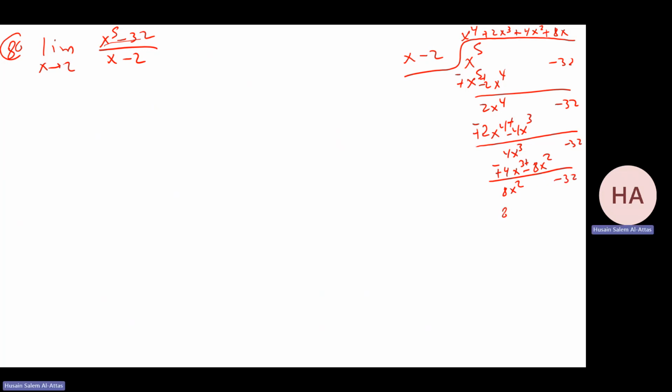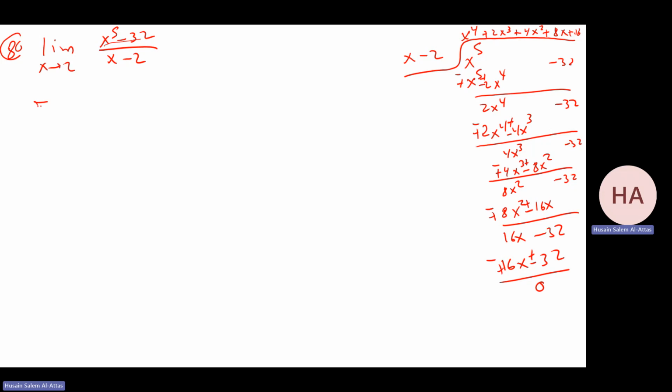You have 8x squared minus 16x. So I have 16x, divide, that will be plus 16 minus 32. So we are getting 16x minus 32. Change, we're getting 0.